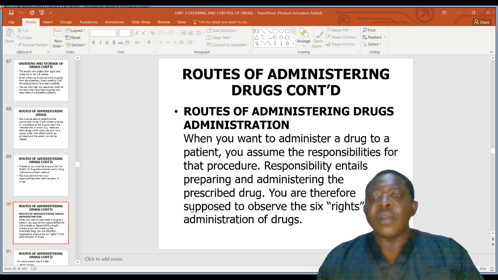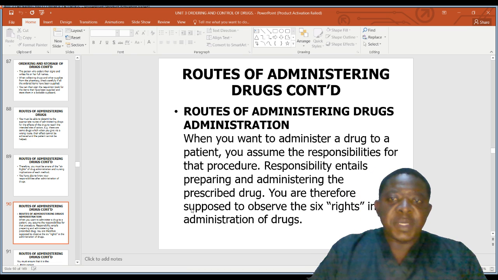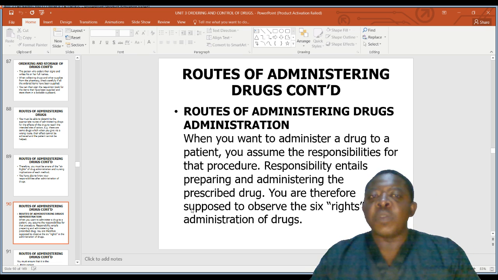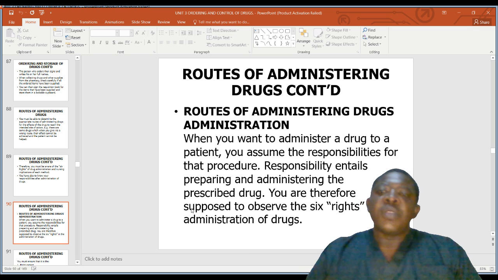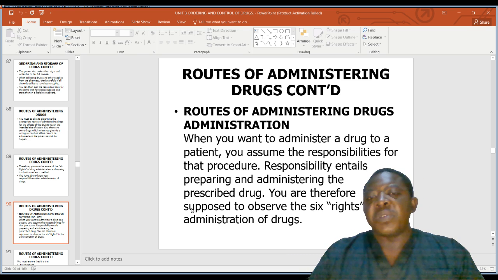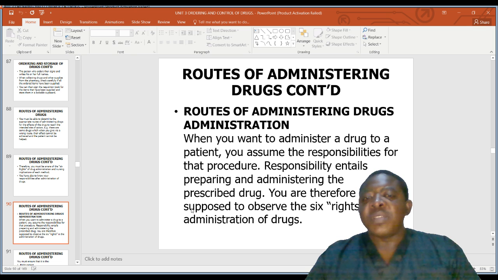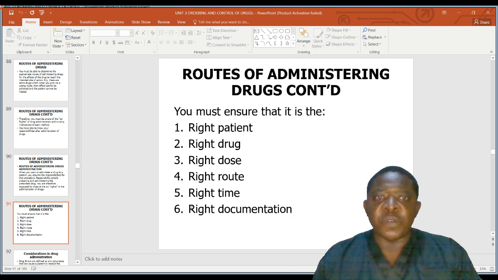Okay, so route of drug administration. When you want to administer a drug to a patient, you assume the responsibility for that procedure. Responsibility entails preparing and administering the prescribed drug. You are therefore supposed to observe the six rights in the administration of drugs.